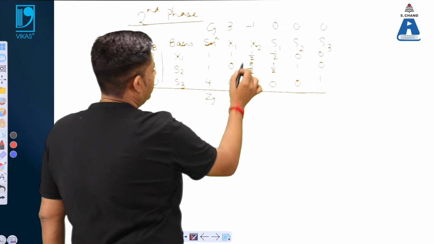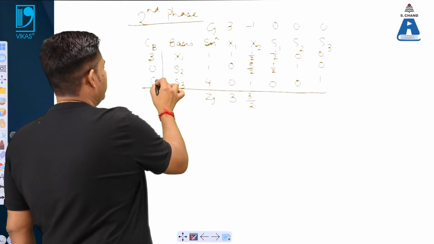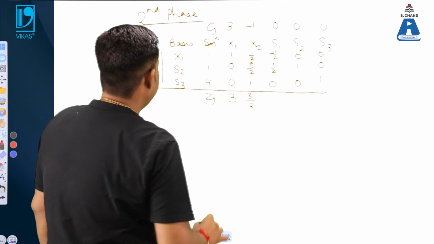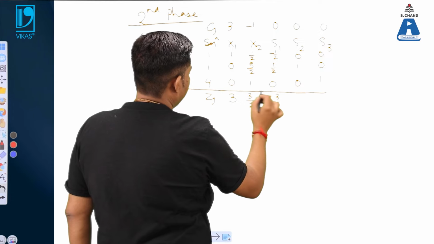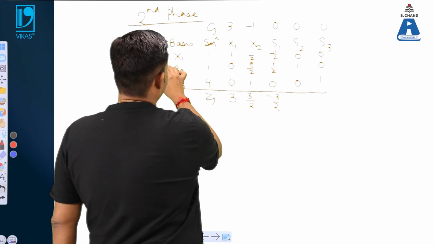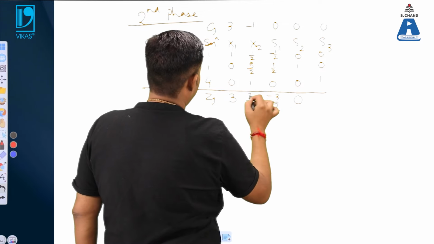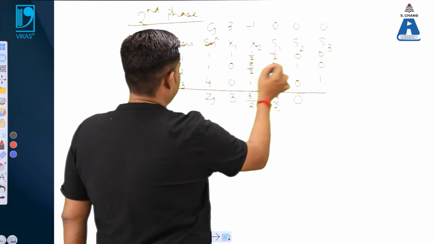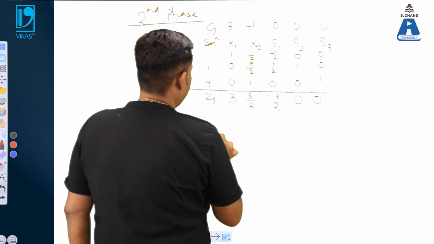Then 3 into 1 by 2, which is 3 by 2, and plus 0 and zeros would remain the same. Then for the next part, you have 3 into minus half, so it would become minus 3 by 2. And for the next set of situation, you have 3 into 0 plus 0 into 0 plus 0 into 0, which is again a 0. Then 3 into 0 plus 0 into 0 plus 0 into 1, that would be 0.